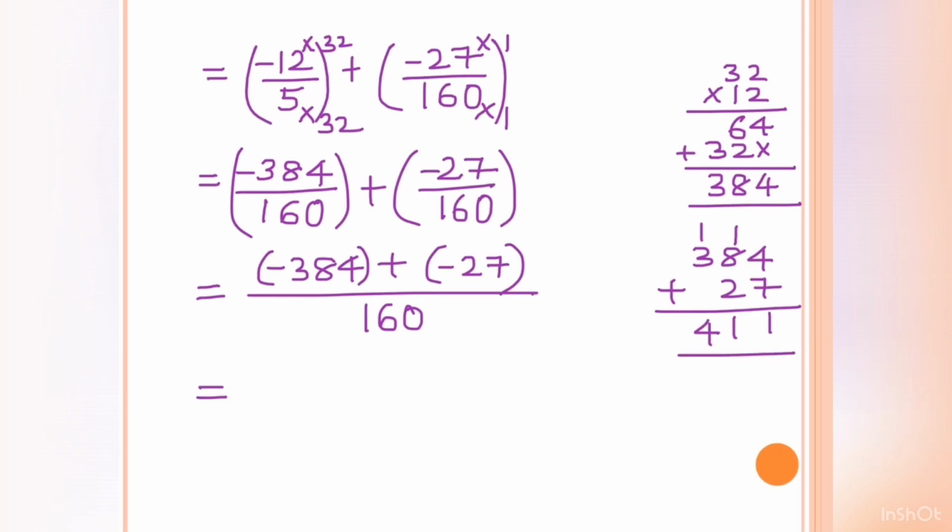So we will get minus 411 in the numerator by 160 in the denominator. Therefore, minus 411 by 160 is the answer.